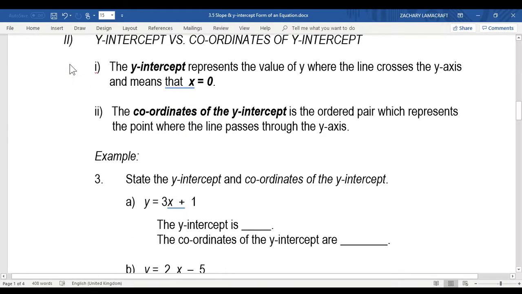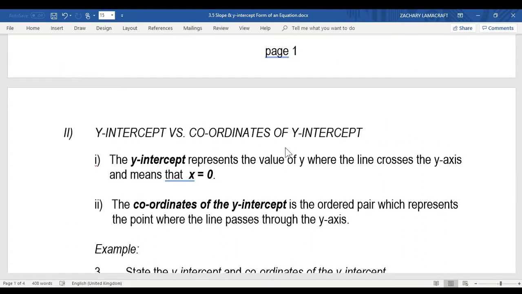Okay. So now we're just going to dissect this a little bit as we go through. And it says the y-intercept versus coordinates of the y-intercept. So just like you alluded to, if you think of it like a coordinate, imagine we have x and y, right?